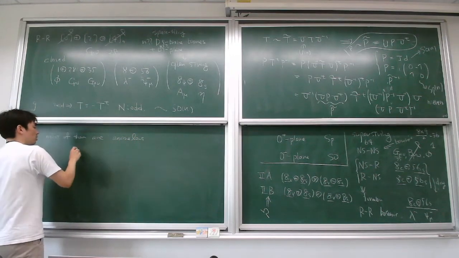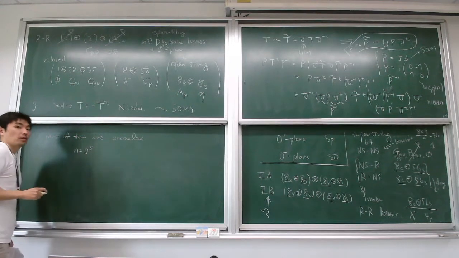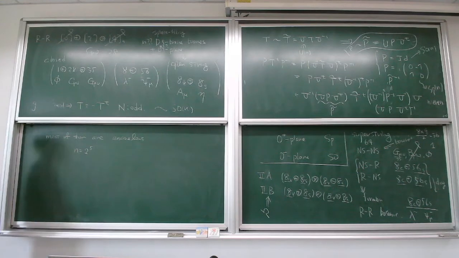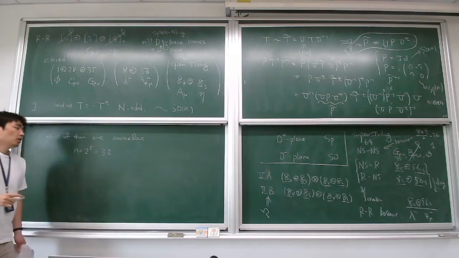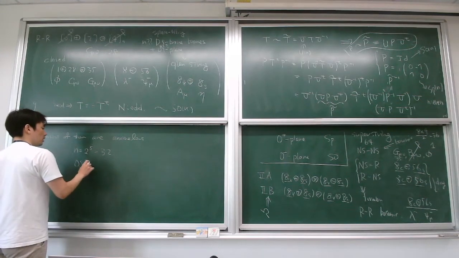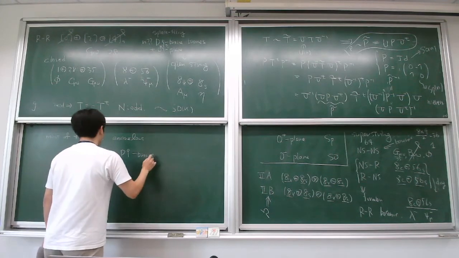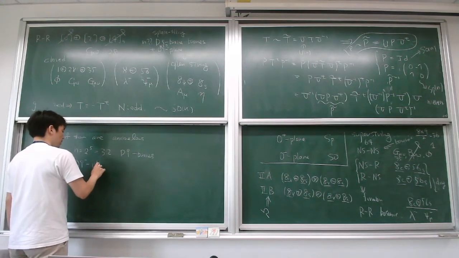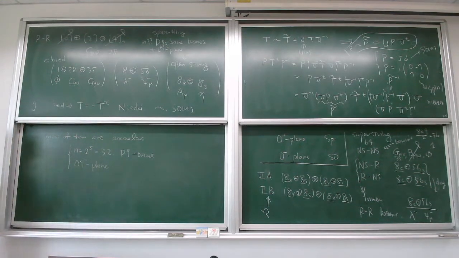So only n equal to 2 to the 5. 2 to the 5 is equal to what? 32. And then O9 minus and D9 branes, this combination is allowed.